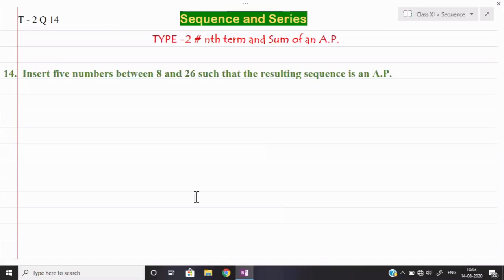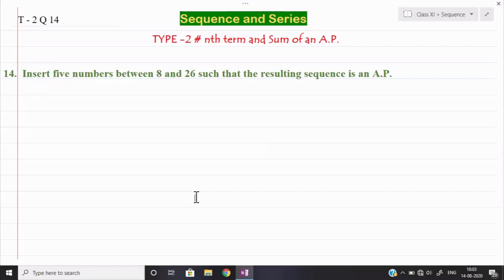And between 8 and 26, we have to insert 5 more numbers. For example, say between 8 and 26 I have inserted 10, then 12, 15, 20, 24, and finally comes 26. So such 5 numbers I have to insert in such a way that the whole sequence becomes an AP. That is all they are asking.